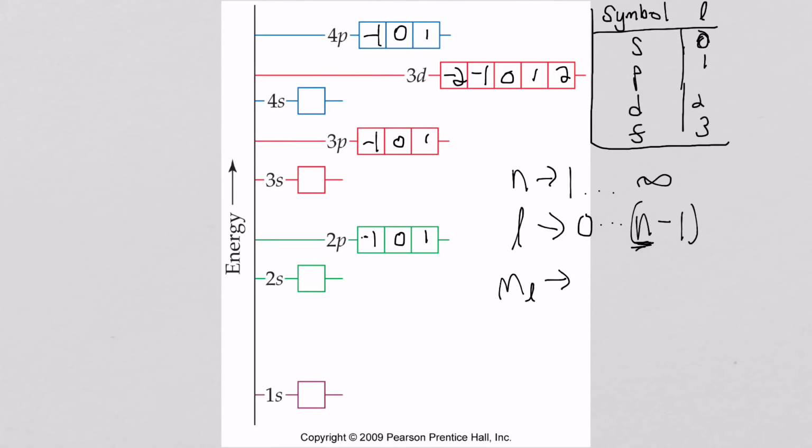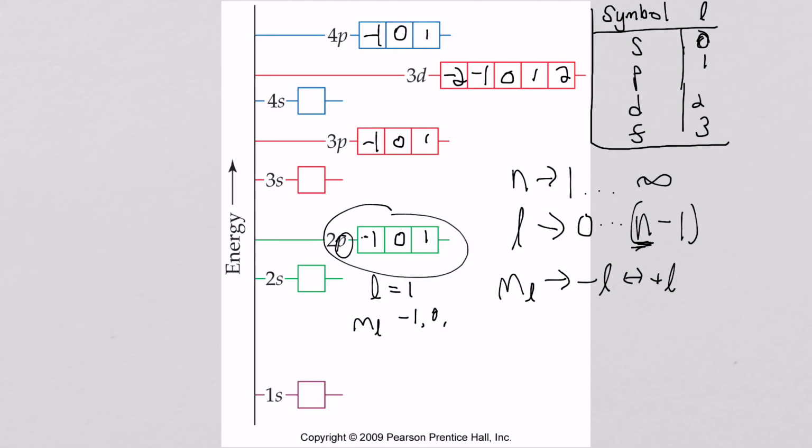And so how do I keep track of that down here the way I've kept track of my other quantum numbers? We say that the magnetic quantum number runs all the way from negative L to positive L. So it runs through that set of values, including 0. If we take our 2p example again, p is my angular momentum symbol, so that's a quantum number of 1. And so my magnetic quantum number values can be anything from negative that all the way up to positive that, which in this case is 1.